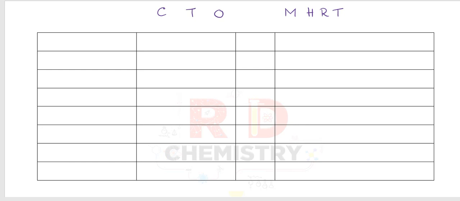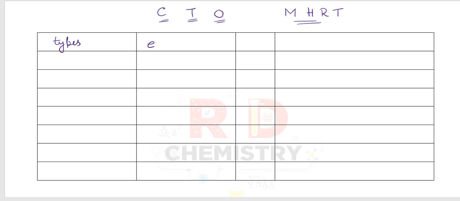So you can remember like this: Custom Tax Officer of Maharashtra, MHRT. So there are 7 types of crystal system. So let me write types here.